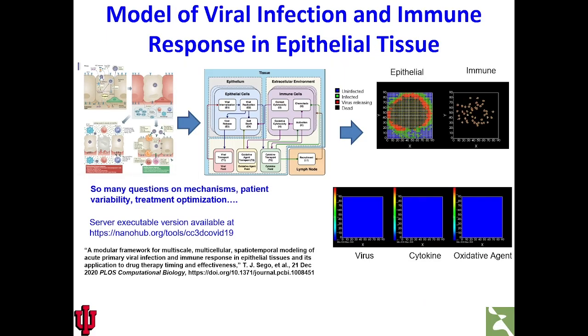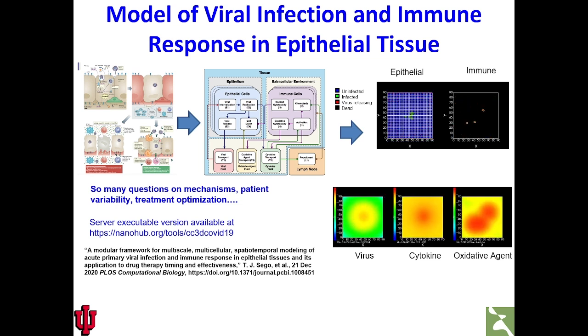So just a couple more examples here. CompuCell has also been used to model viral infection and immune response in epithelial tissue. So this was a study done actually during the early days of the COVID pandemic, where you can see how the virus begins to spread through epithelial tissue and the immune cell response to that. This is actually runnable online at nanohub.org at the link listed on the slide.